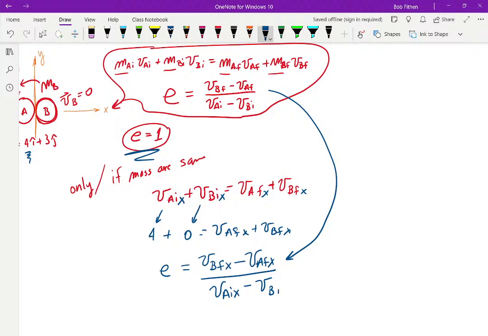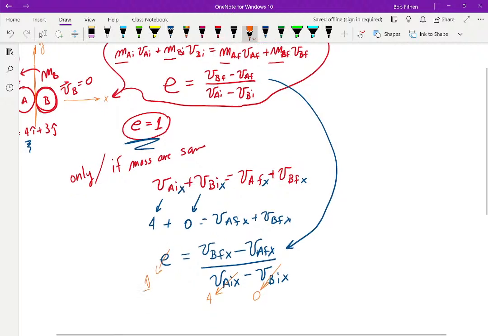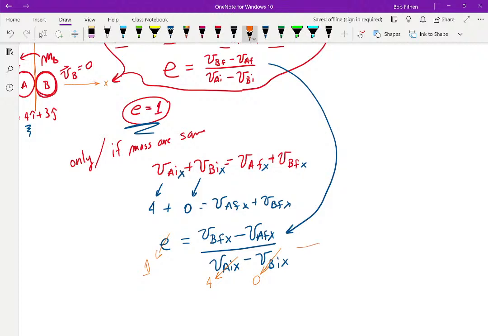Now I can go through here and say, okay, that is a 4, that is a 0, and for our case, this will be a 1. So this equation yields VB final in the x minus VA final in the x is equal to, take that, move it over. I'll just leave the E there for a moment because I might want to change that E some.